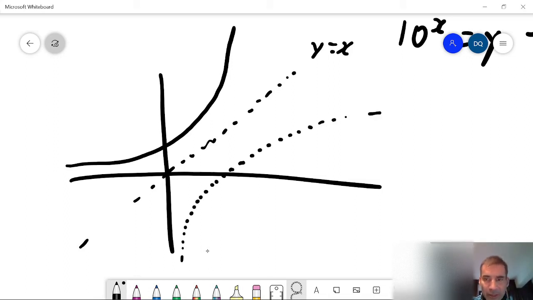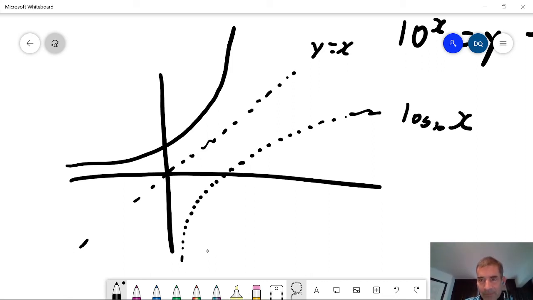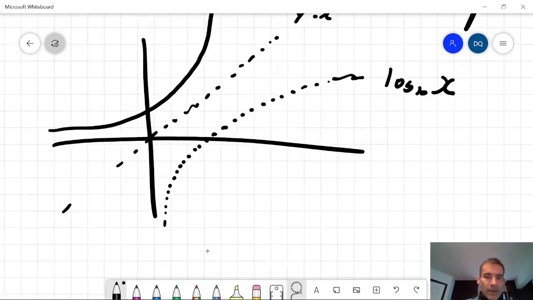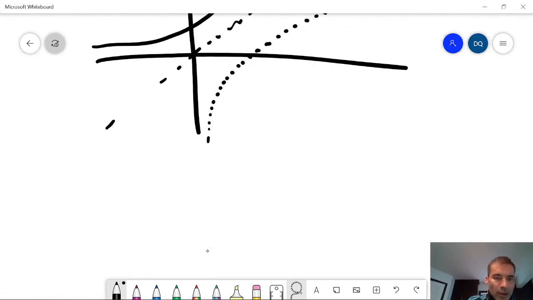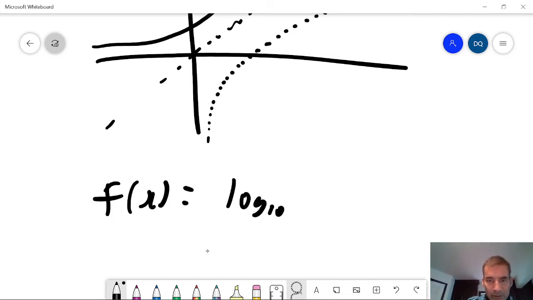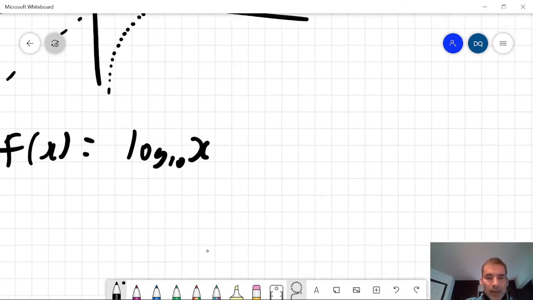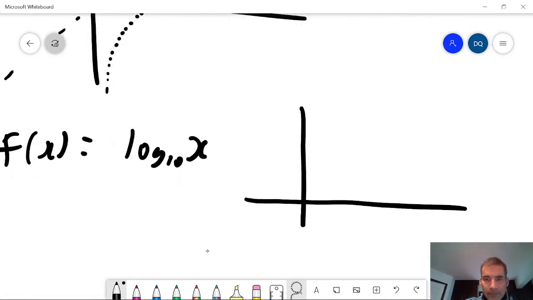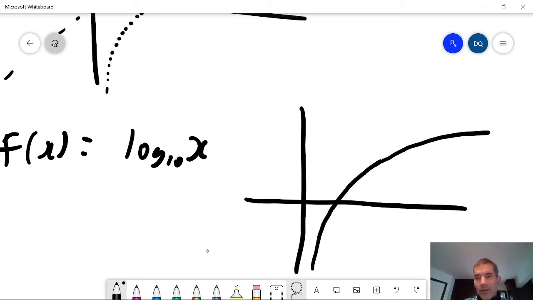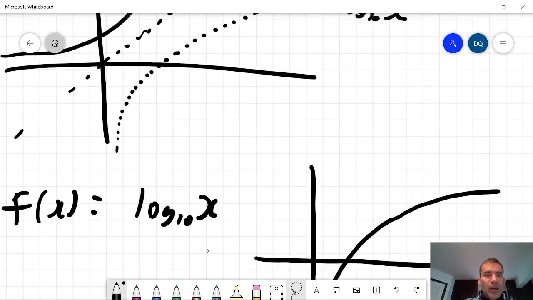That mirror reflection is the base 10 log of x. So if I'm to plot f of x is equal to the base 10 log of x, I will plot it this way here. It's going to look like this, and I know it looks like that because that is the mirror image of 10 to the x in the line y equals x.